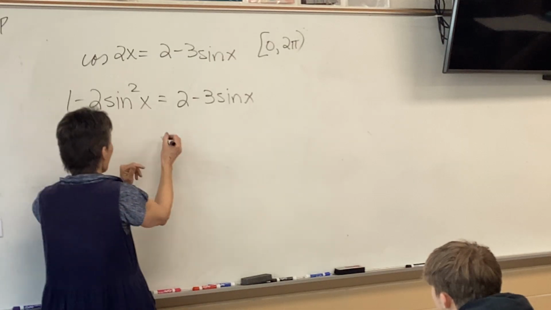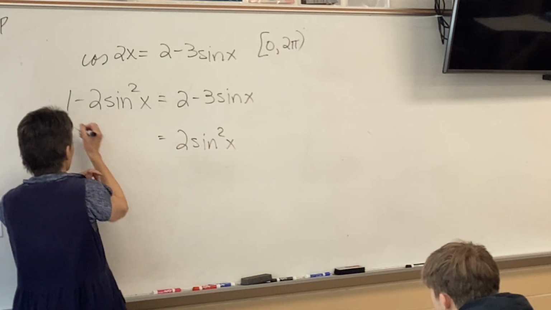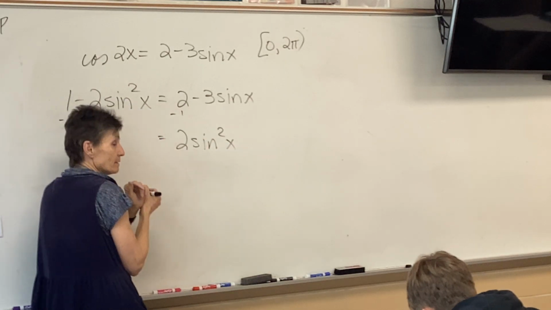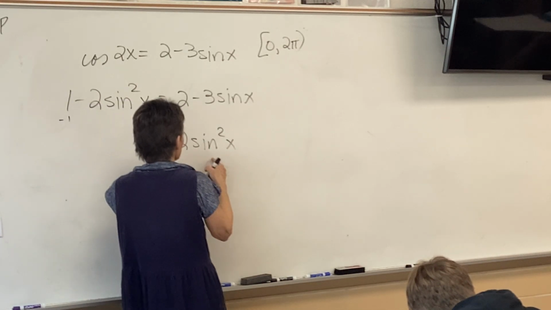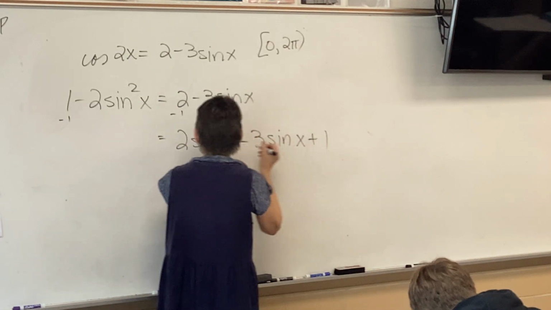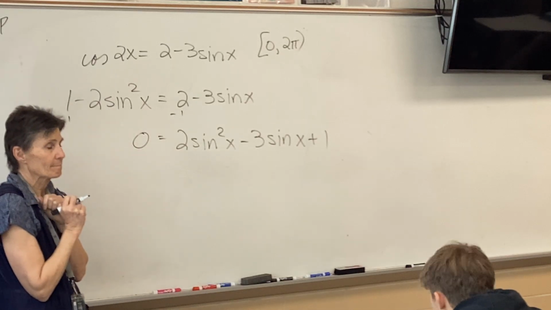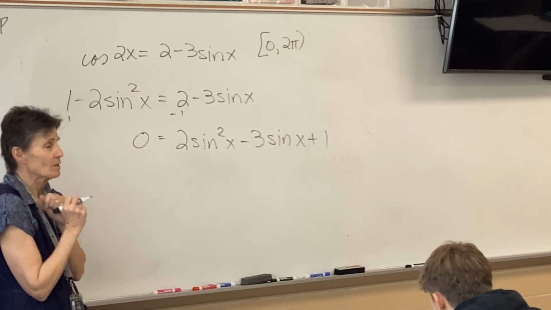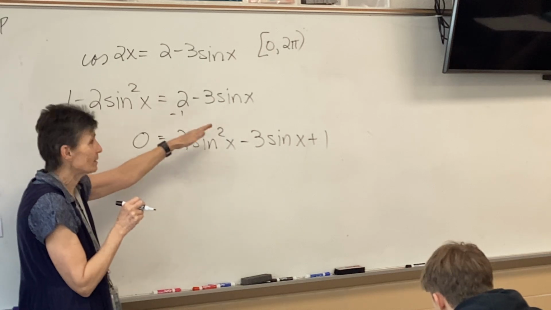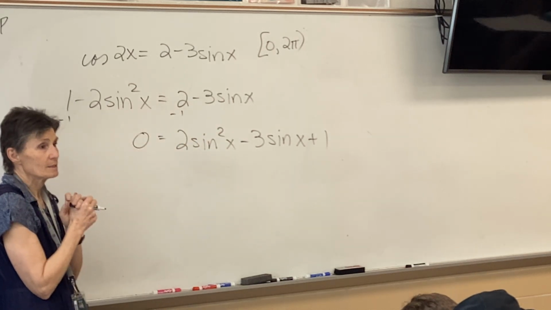So I'm gonna add 2 sine squared over here to this side, and I'm going to subtract 1. So I have 2 sine squared minus 3 sine plus 1. So I added 2 sine squared, subtracted 1, so I have it equal to 0.